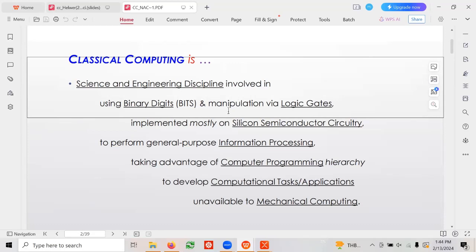Right now, both the digit itself, the 0 and 1 state, and the manipulation, turning 1 to 0 or 0 to 1 or whatever, are performed using electrical circuits. That's where your chip comes in.